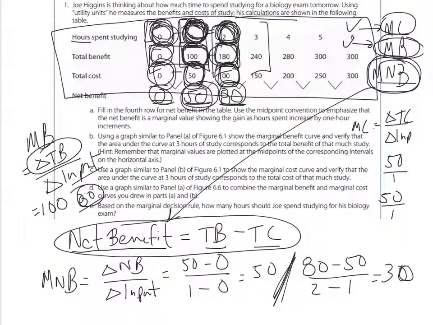We're making a clear distinction between these total concepts, total benefit, total cost, net benefit, and marginal concepts, marginal cost, marginal benefit, marginal net benefit. Okay? So it's important to keep these concepts clear, at least the definitions, and as we talk about it more, you'll have a deeper understanding.